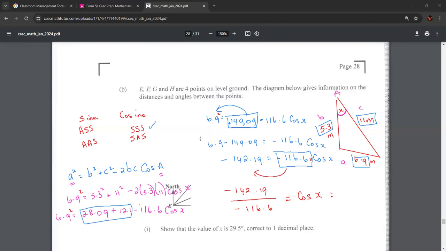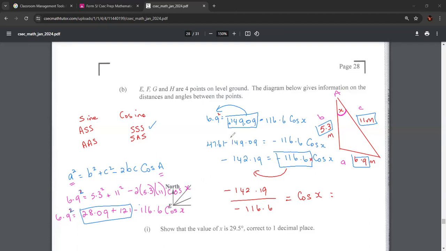So it should be 6.9 squared, and 6.9 squared, that is going to be 6.9 by 6.9, that's 47.61, right, because it was supposed to be 6.9 squared.